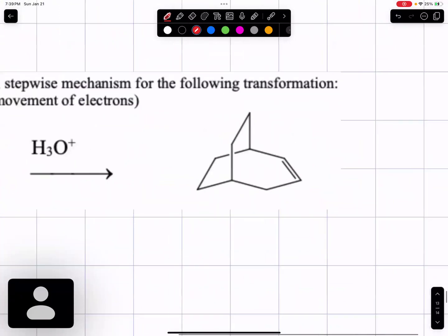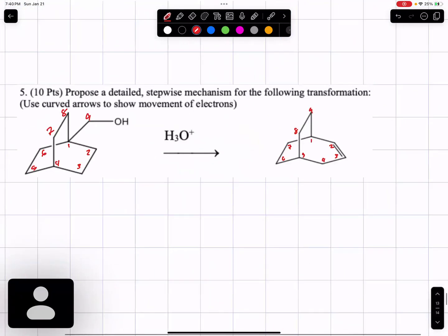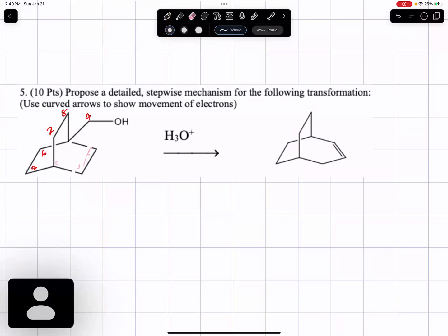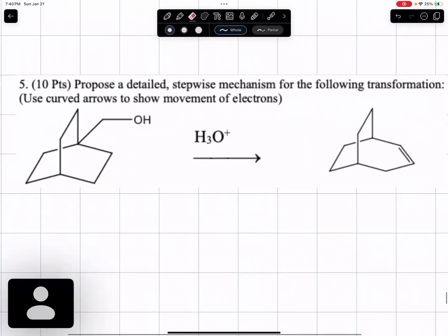Let's double check: 1 through 9 carbons. So we didn't get rid of any carbons, right? That's good because this is a mechanism question, and it would be a little bit tricky if we got rid of carbons. Now we notice that the hydroxyl group leaves and we formed an alkene.